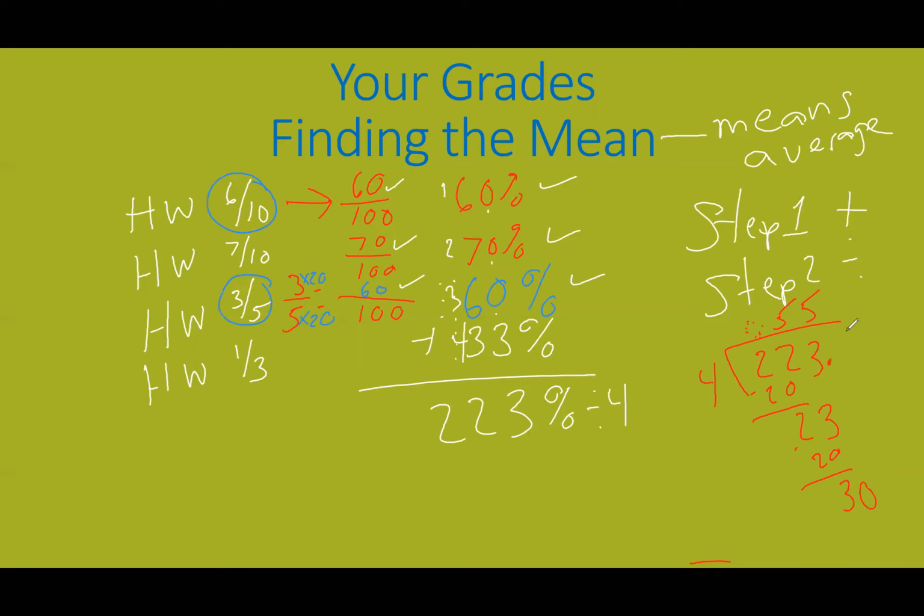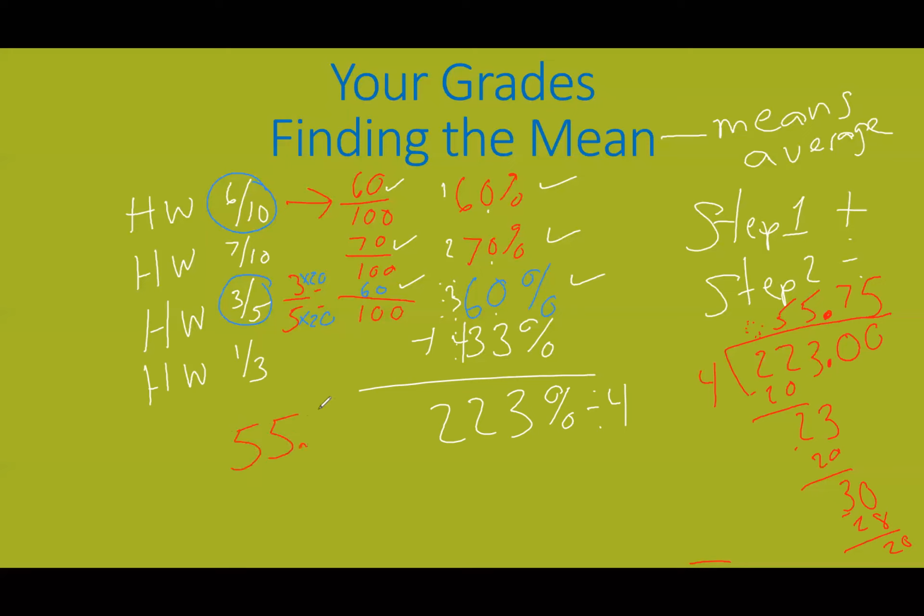I have to put my decimal there, right? Bring that down. Sorry. 30. Well, it's going to have to be 7, won't it? 7 times 4 is 28. And now I've got a 2. One more will do it, and then I'm done. 75. So I've got 55.75.